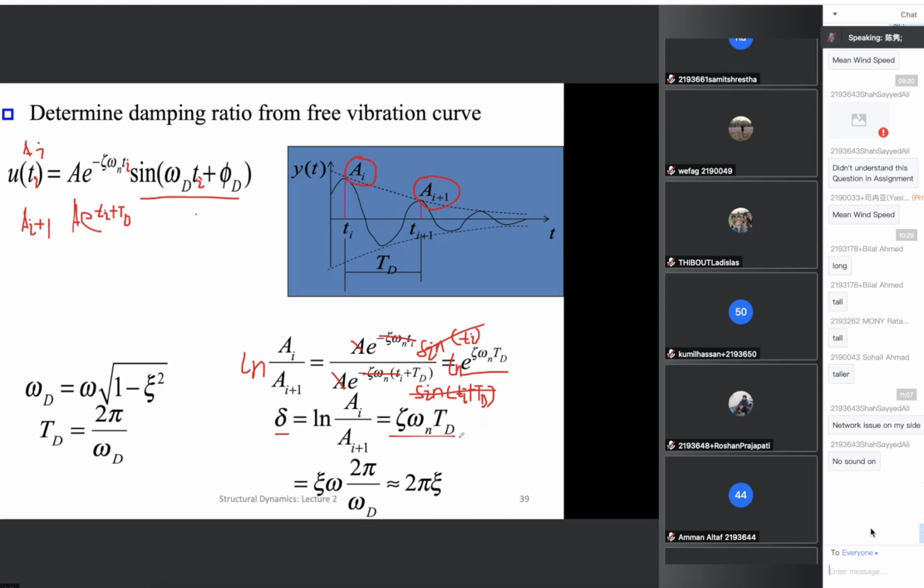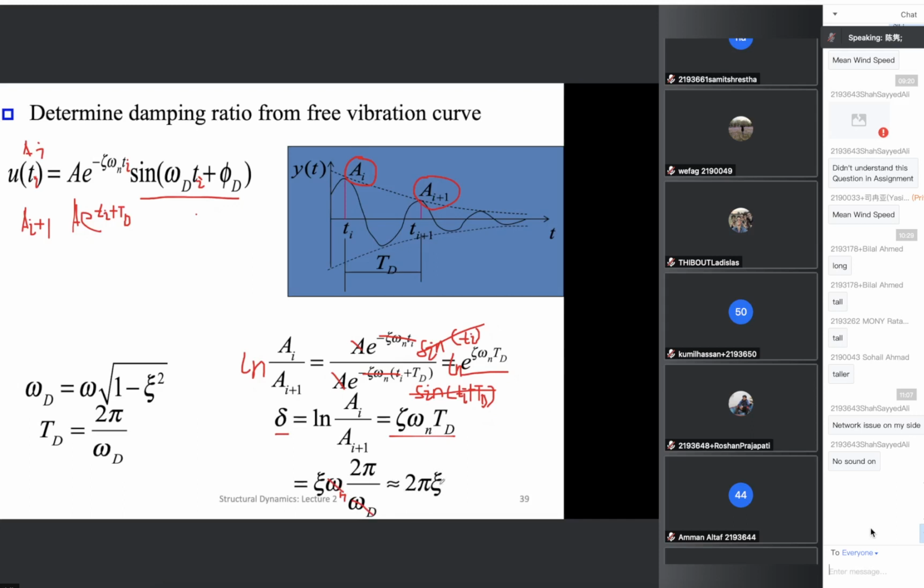Again, we introduce T_d, which should be 2 pi divided by omega_d. Sorry, the n is missing from omega. Because omega_n is very close to omega_d for civil engineering, we can cancel these two. Approximately, we have delta equals 2 pi zeta.